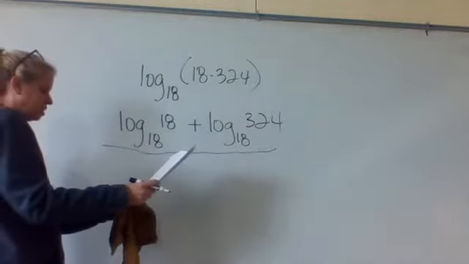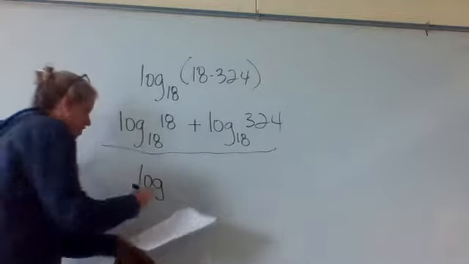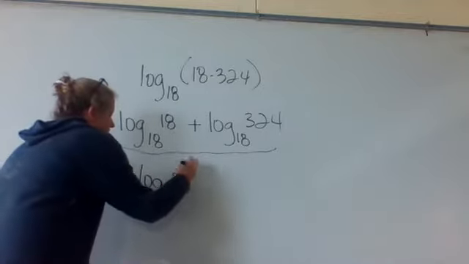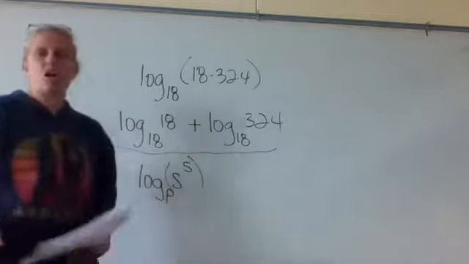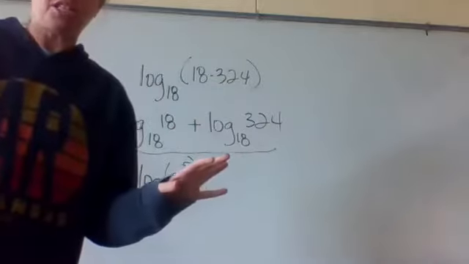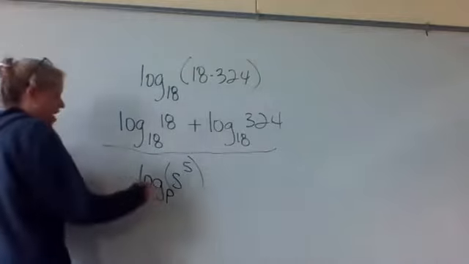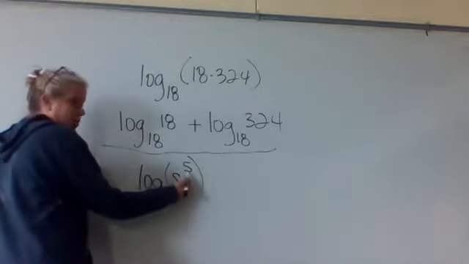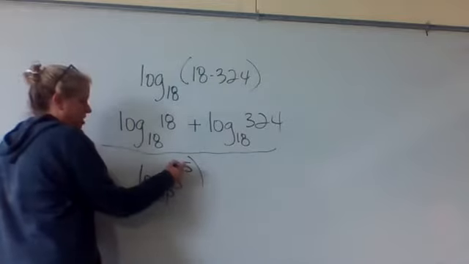Number 17 says express as a product. We've got log base P of S to the 5th. So what does that mean to turn that into a product? A product means there's going to be some multiplication somewhere, right? Anytime you have a log that has an exponent, remember, we're going to use this a lot when we're solving equations.